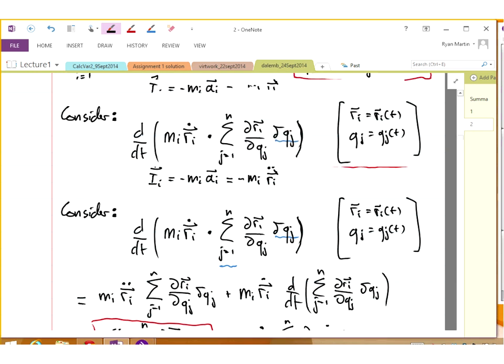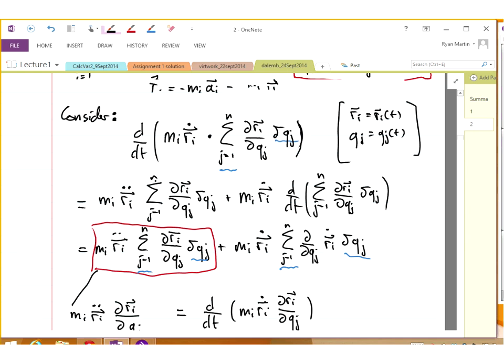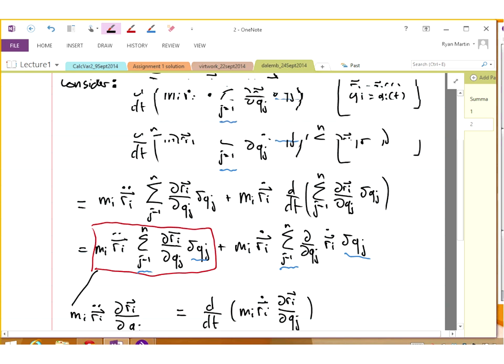We considered this identity, where we do d by dt of some term, and then we used the product rule, and we found that d by dt of this term, one of the terms is the red term that we were interested in, plus some other term. And then we started rewriting this, putting the red term on the left. Then the second term was the term that we expanded, and now we're left to write the third term.